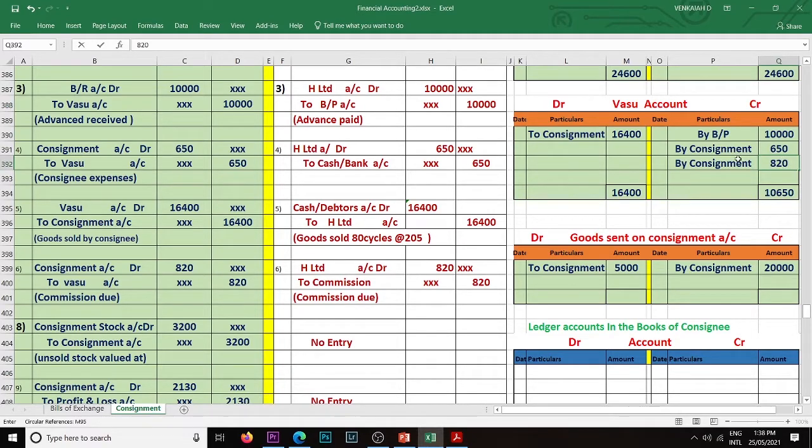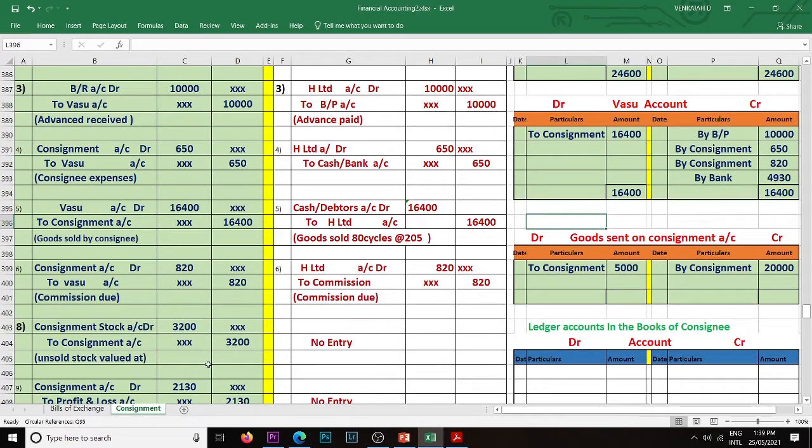You check all this in these four journal entries, you will find Vasu. Okay, right. This is also 479, right, by bank.